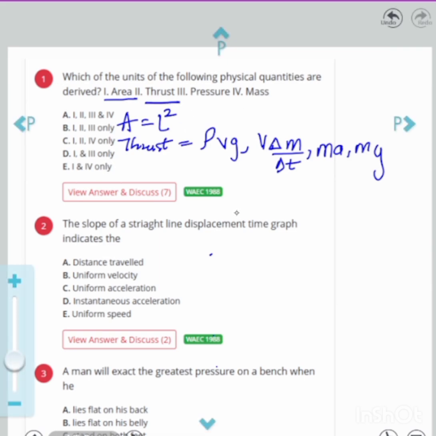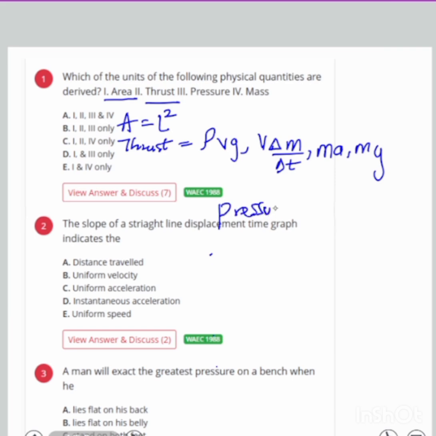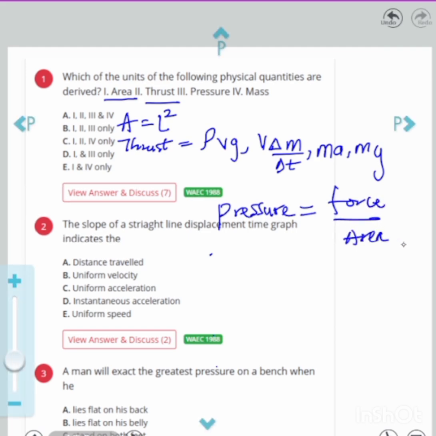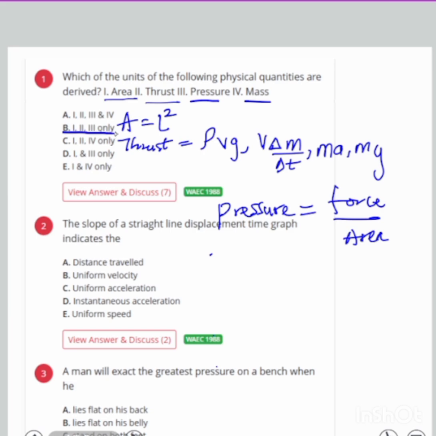And then for pressure, the formula for pressure is undoubtedly known. So we have force over area, and all of these are derived, but mass is a fundamental quantity. So we only have area, thrust, and pressure. So in the objective section, we have B to be our answer.